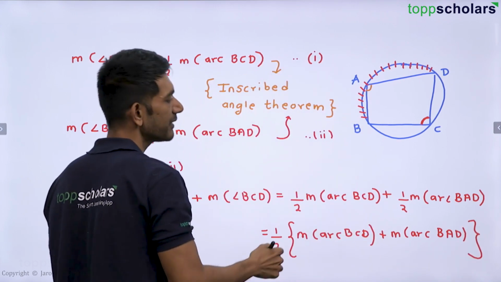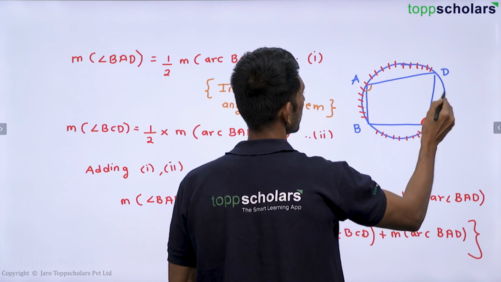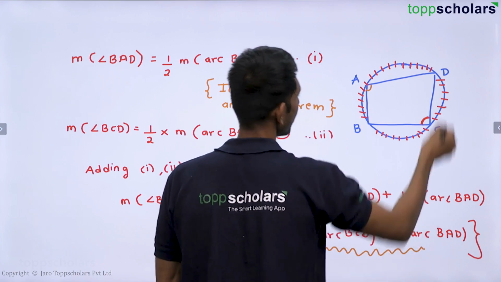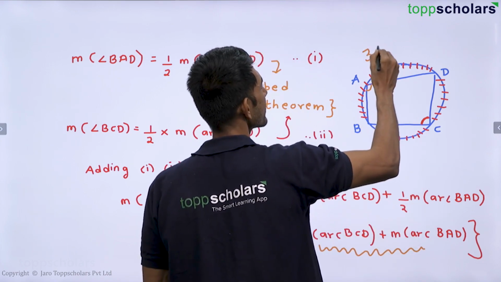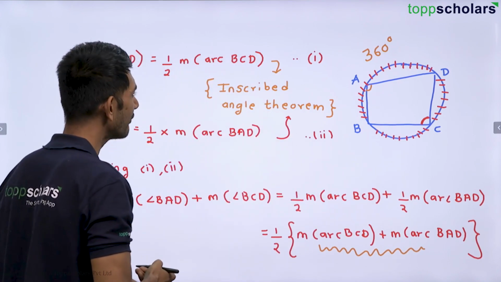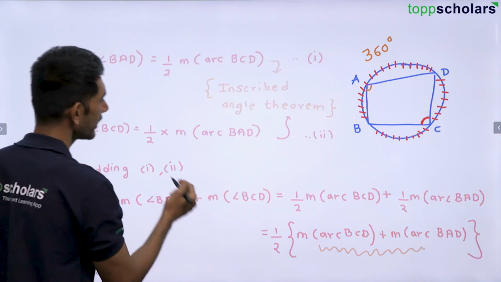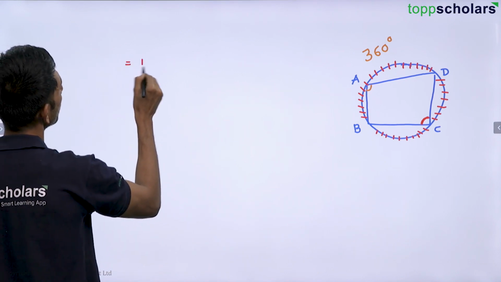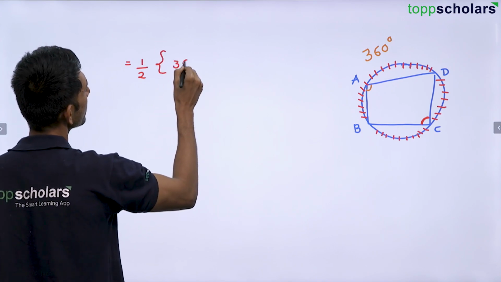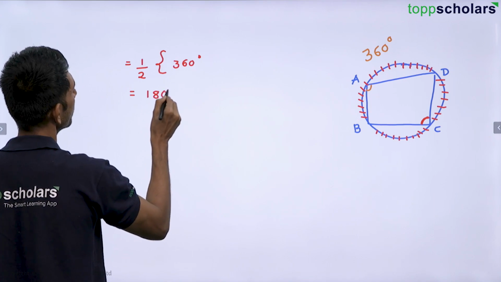Now what is BCD plus BAD? Can I say BCD plus BAD is 360 degrees because that completes a circle. So this becomes half of 360, right? So can I say this is further equal to half of 360 degrees, and that is equal to 180 degrees.